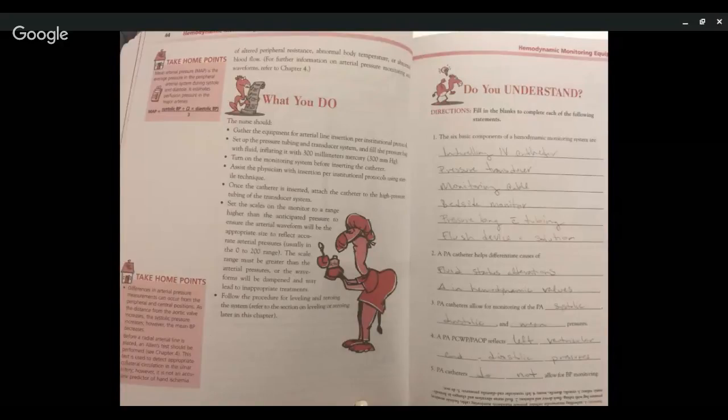Pulmonary artery catheter helps differentiate causes of fluid status alterations and hemodynamic values. Pulmonary artery catheters allow for monitoring of the PA systolic, diastolic, and mean pressures.